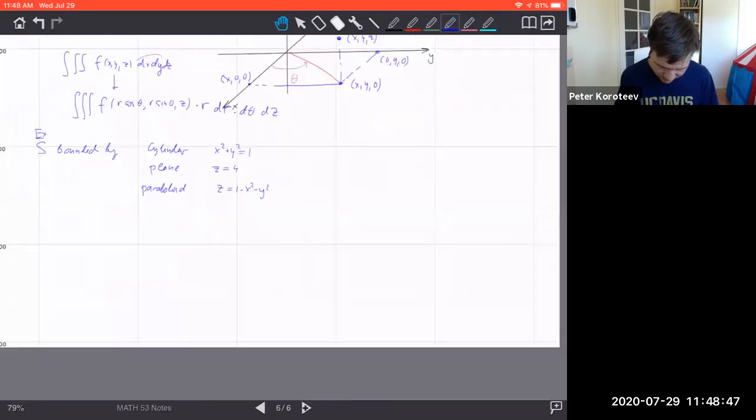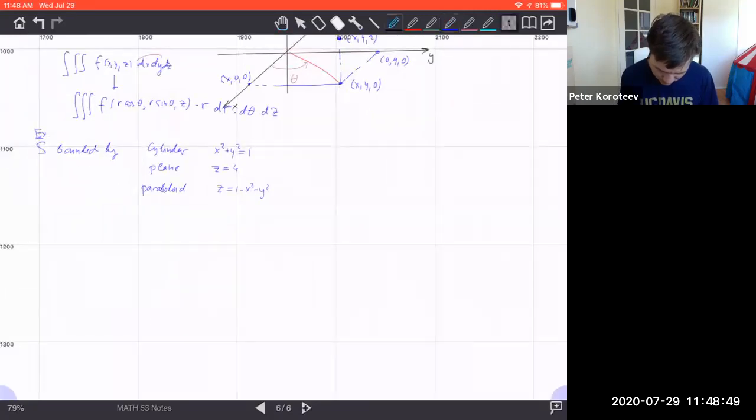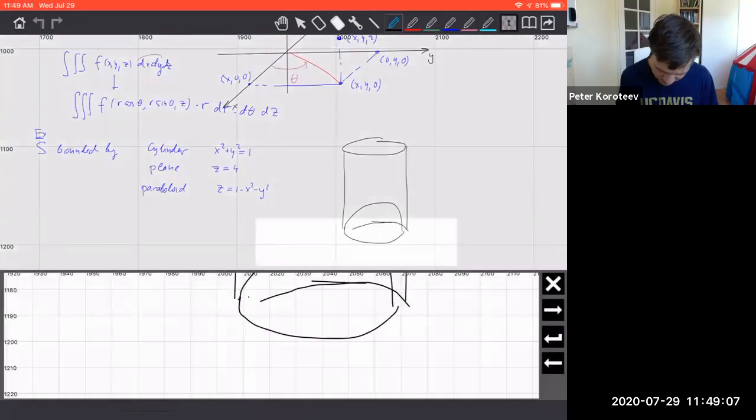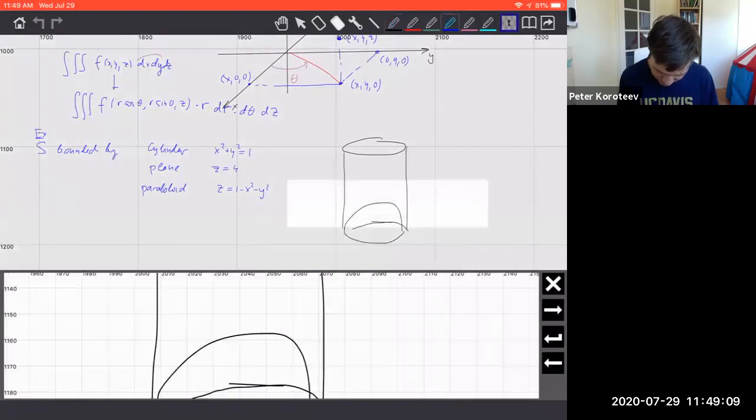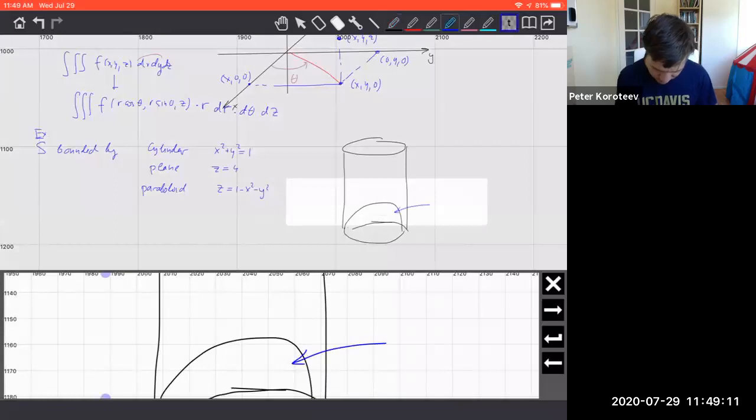We have a cylinder, and then it's capped from below by a paraboloid like this. So this is this paraboloid. Well, it does look like some water bottles, wine bottles, whatever.